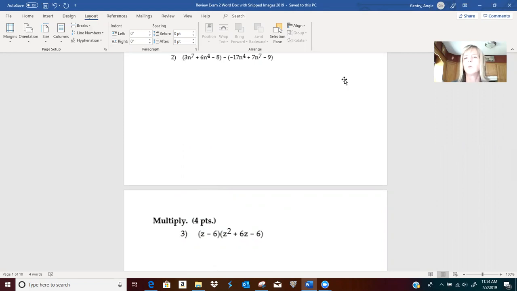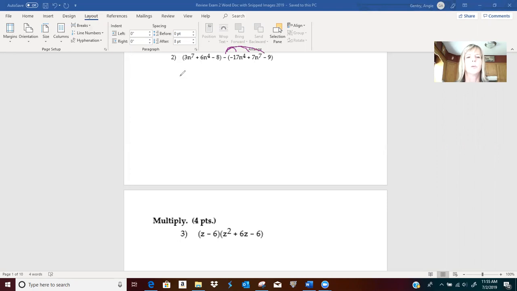So here you are subtracting. Especially when you're subtracting, you want to distribute that negative sign through, meaning everything inside is subtracted.